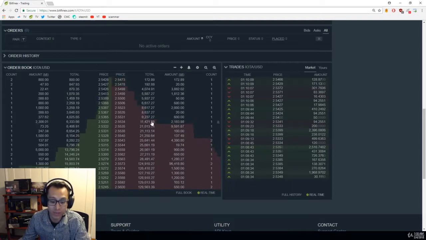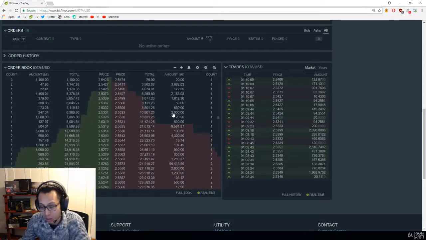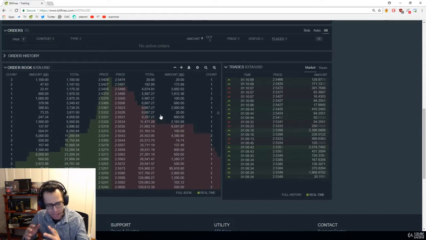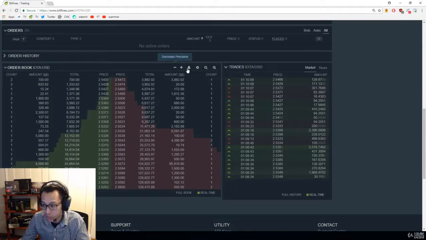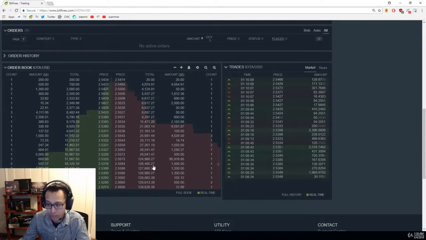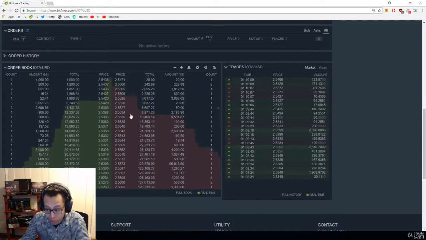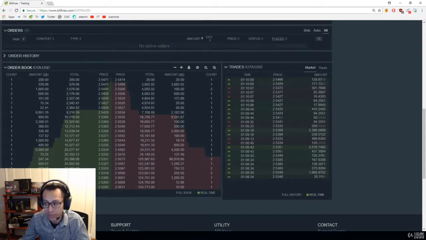So imagine if this side right here had a lot of people that wanted to sell. So this is a very big order right here. Just to give you an idea, if this was very much red on this specific side, you would end up seeing it devour over to this side right here.